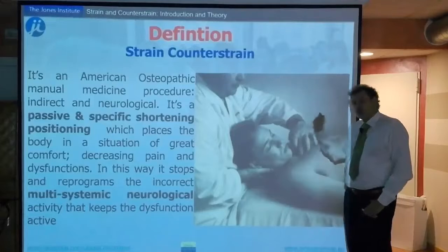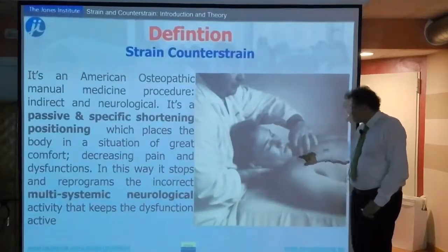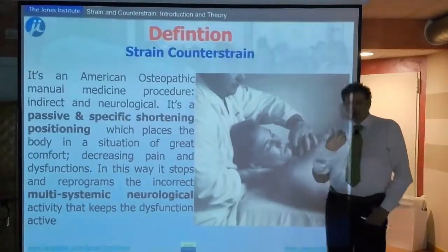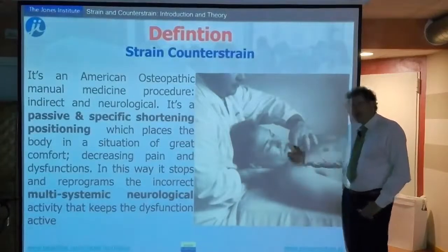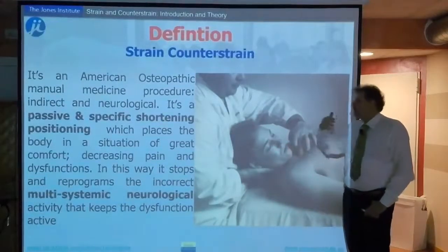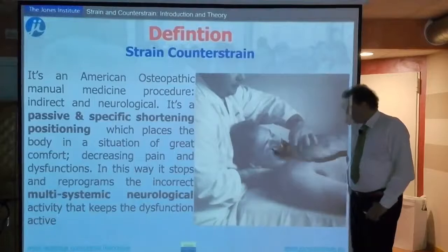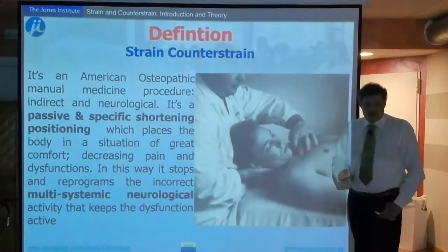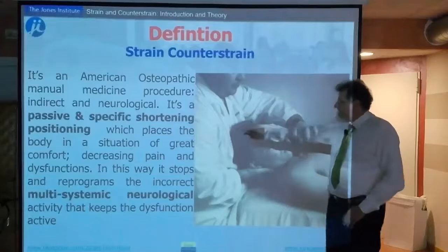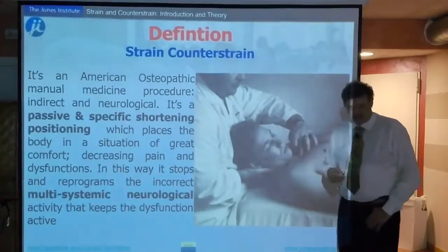Because when he's shortening the muscle, Ed is even monitoring something under his finger that will tell him, through the tension, how much flexion or rotation or other components are needed to relax this dysfunction. This is why we call it a passive specific shortening position.